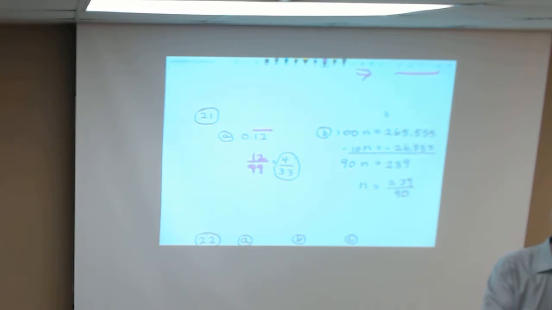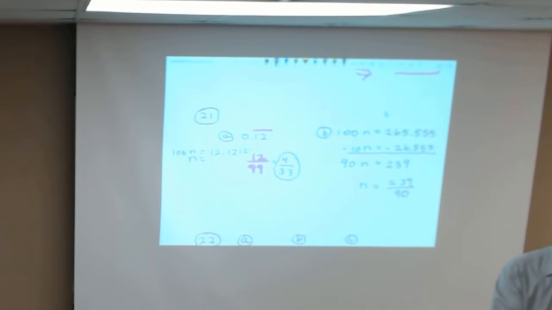Here's why. If I let n equal that number, and then I have 100n equals, well, let's erase this. That would be 12.12 with the line over it, or 12.